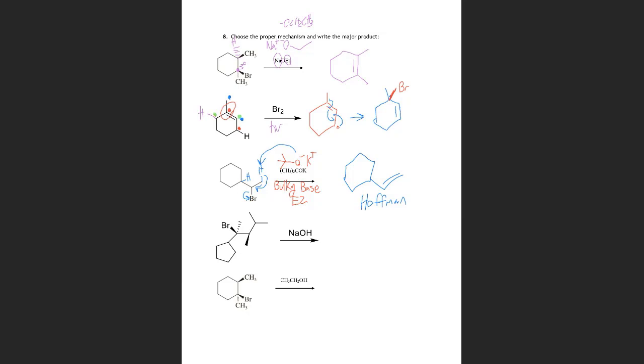All right, so the majority of y'all have chosen E2. And that is because O minus, or OH minus, is a very strong base. And so we're going to put strong base. And so it's going to be an E2 mechanism. It cannot be SN2.